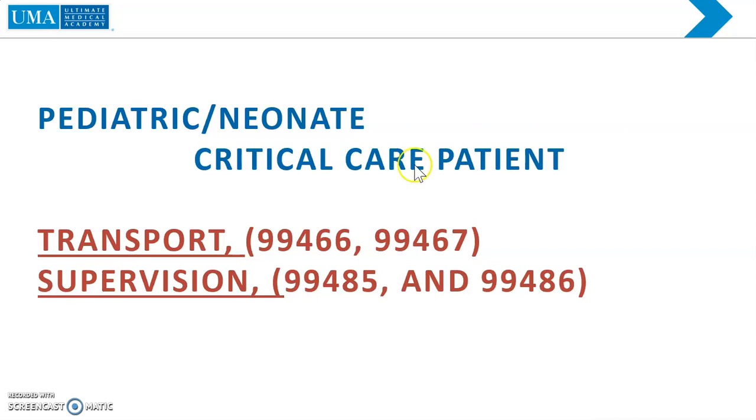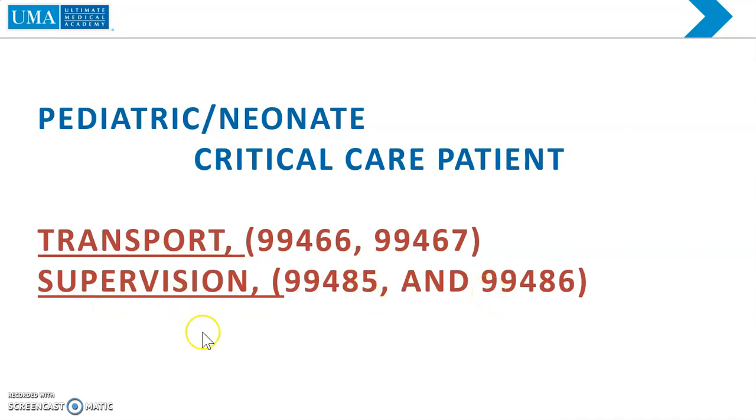So these are the codes that we use for the transportation and the supervision of the doctor that is going to accompany the patient, the baby, the neonate to another hospital because it's a baby. Anything can happen to the baby. So when the doctor accompanies the patient in the ambulance, we code for transportation, and these are the codes you will use. The patient is still being supervised by the doctor, so that those are additional codes we will be coding for the doctor.